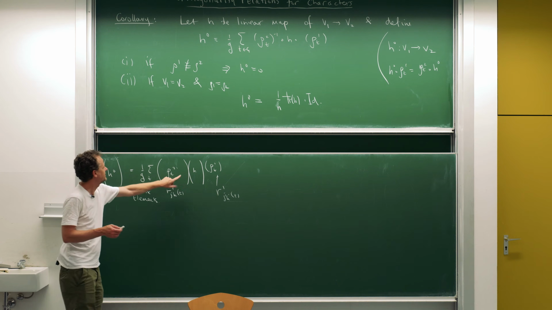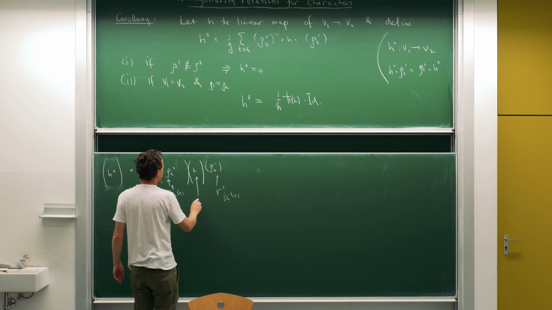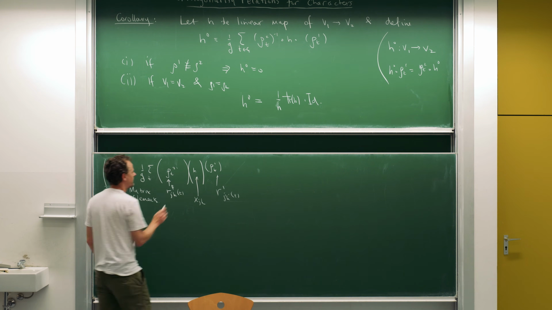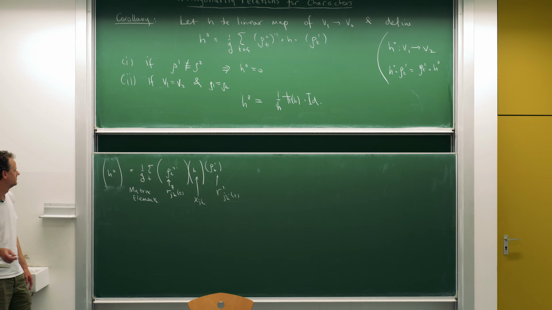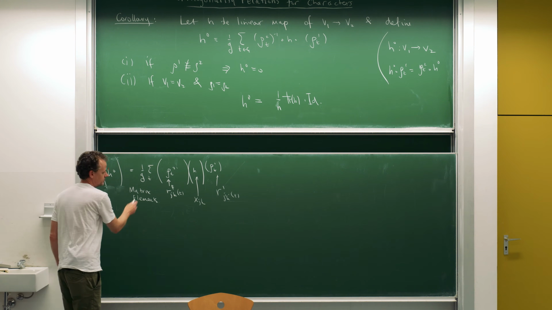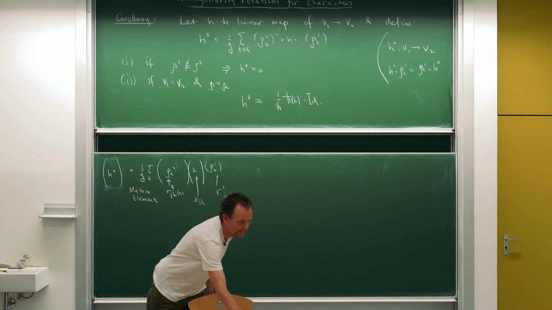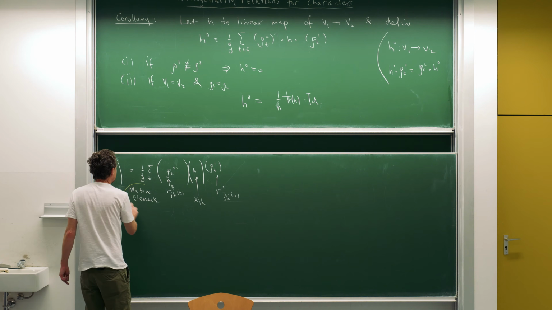And then we've got a matrix H. Well, its matrix elements we'll just write as x, j, k. And we've got a matrix equation, right?